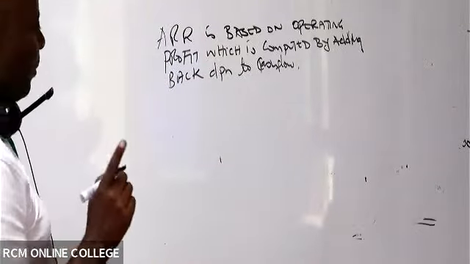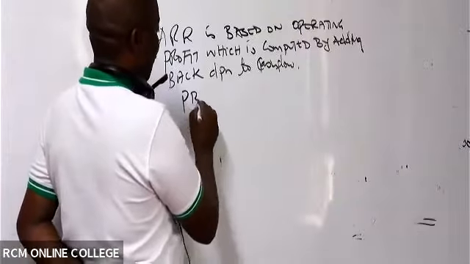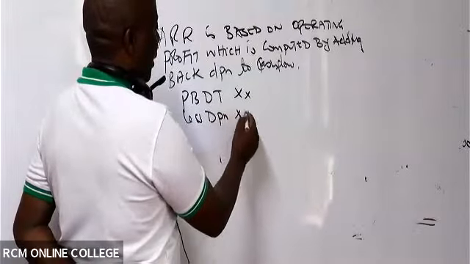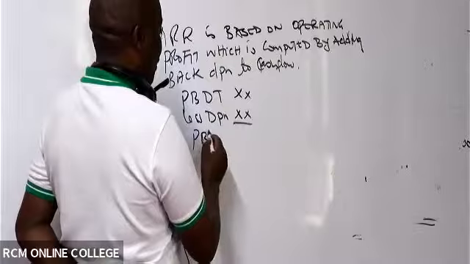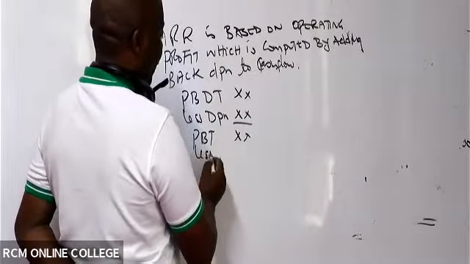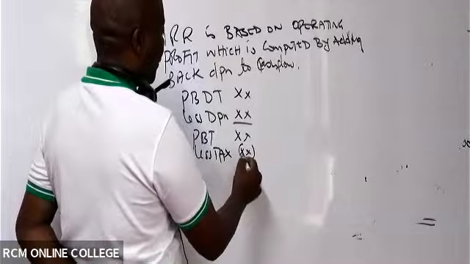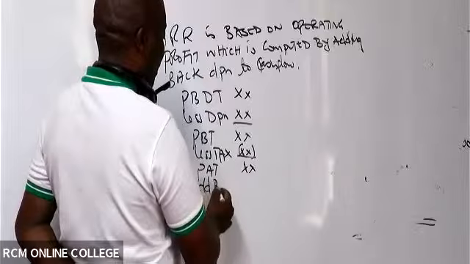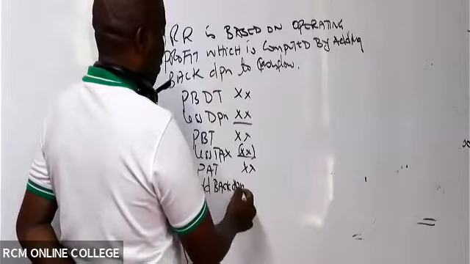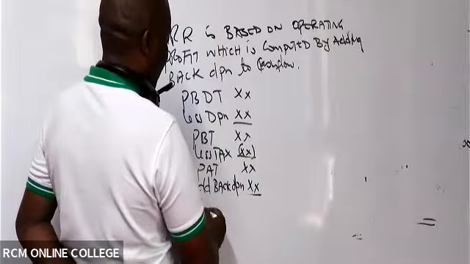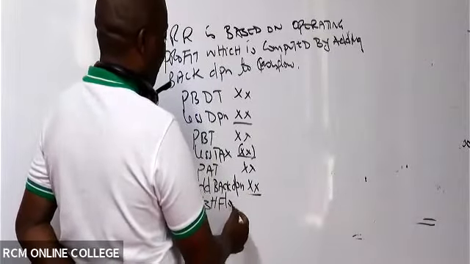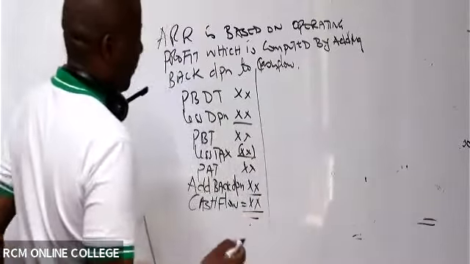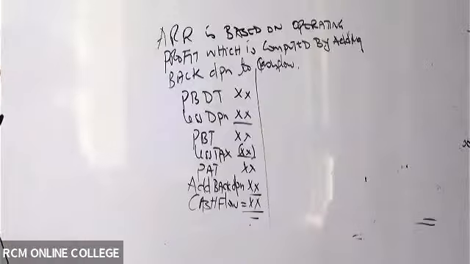So remember, ladies and gentlemen, we normally start with a profit before depreciation and tax. We less depreciation, then we are able to get profit before tax. Then we less tax. If you remember this approach, we get PAT. And then we add back depreciation to be able to get cash flow.